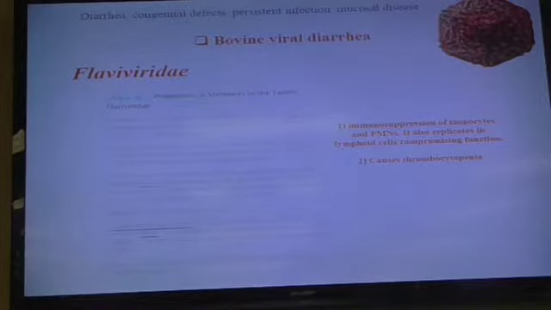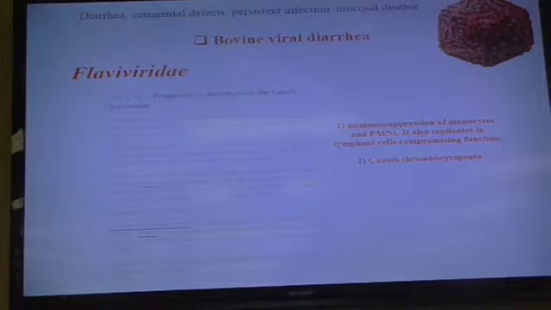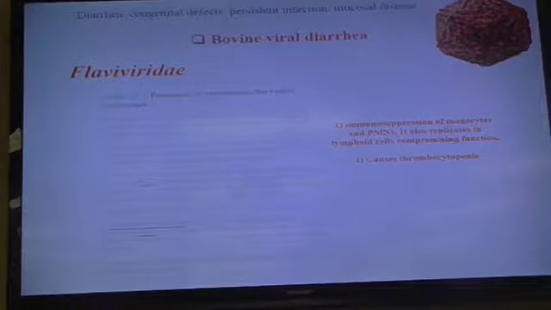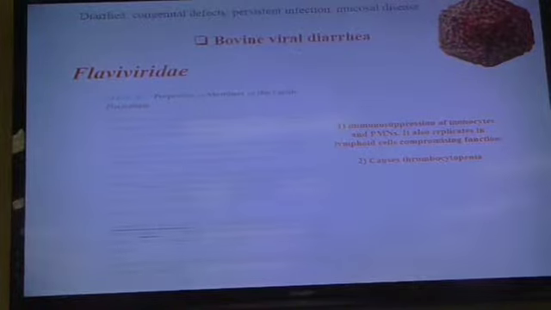Now, bovine viral diarrhea belongs to the family Flaviviridae. Most of the members of the Flaviviridae are carried by insects, except bovine viral diarrhea. It's not carried by insects. In fact, the name can be misleading in relation to the route of infection, because the route of infection in bovine viral diarrhea is respiratory rather than oral.